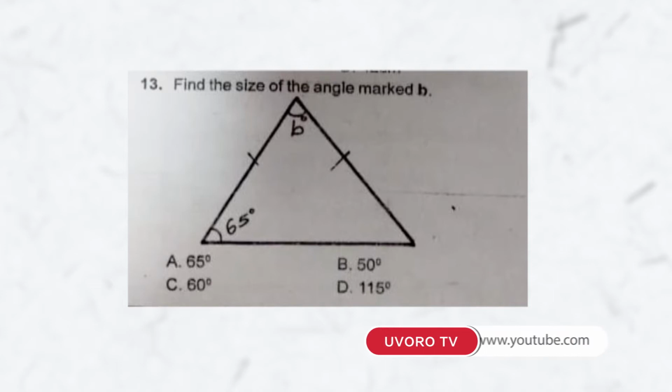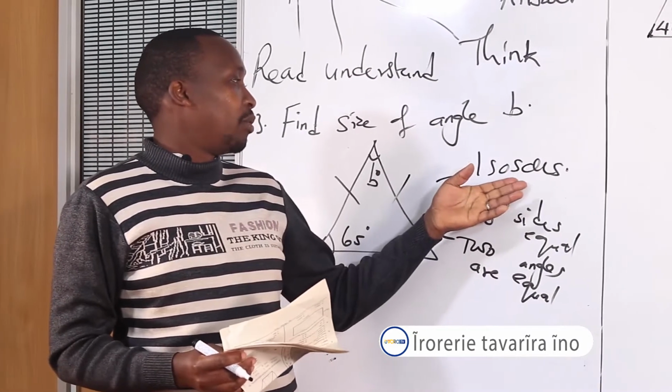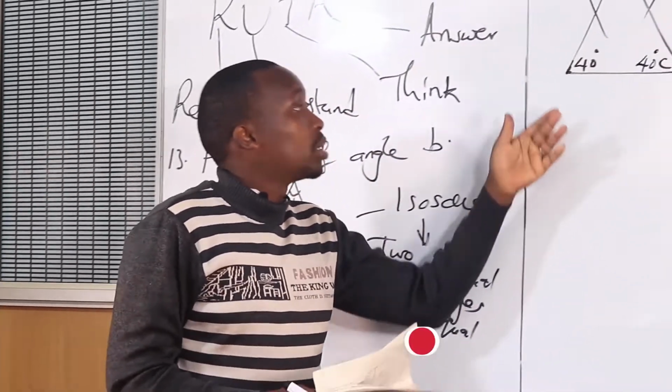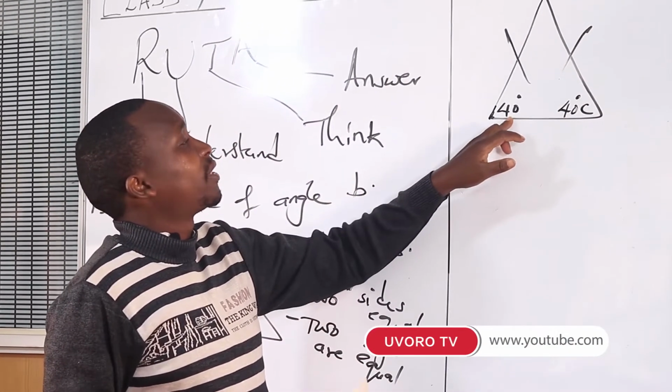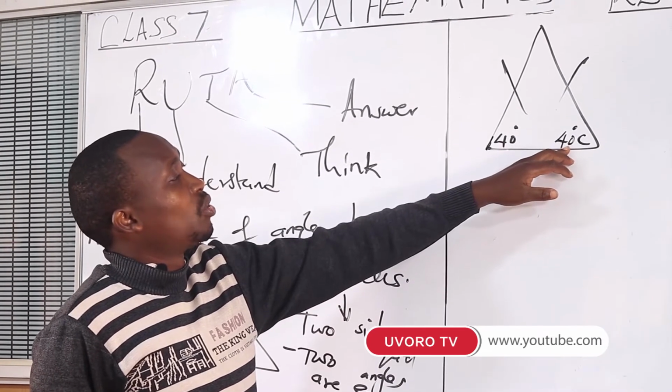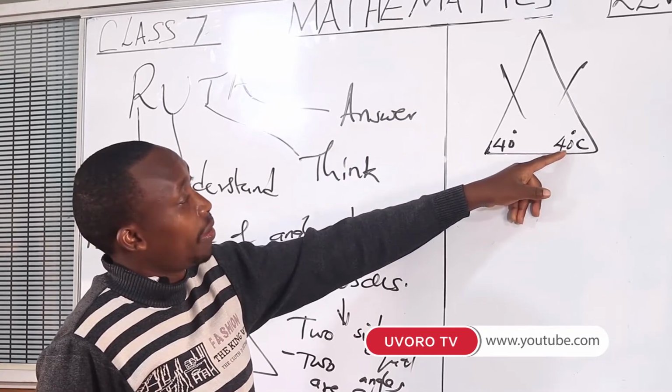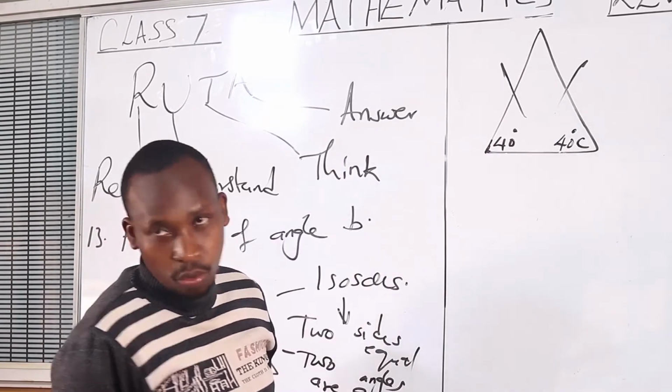The base angles are what? Are equal. Now, 40 degrees. What do we have here? This is again 40 what? Degrees. One of the properties of isosceles triangle is that two angles are equal. That is why this 40 remains 40 on the other side, and not 40 here. It is 40 on the other side that is equal.